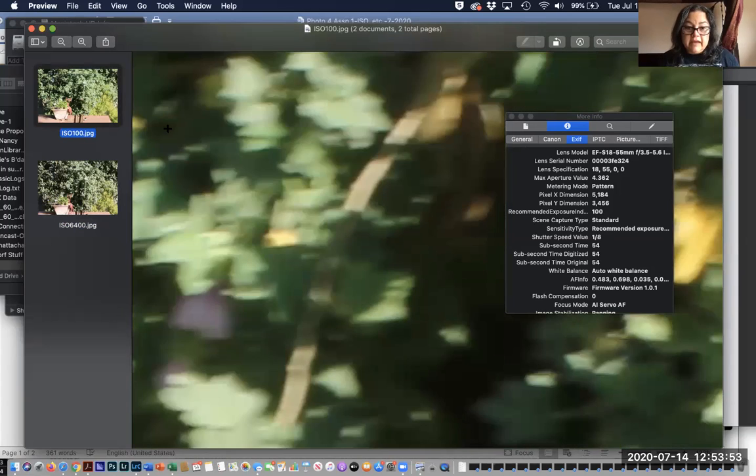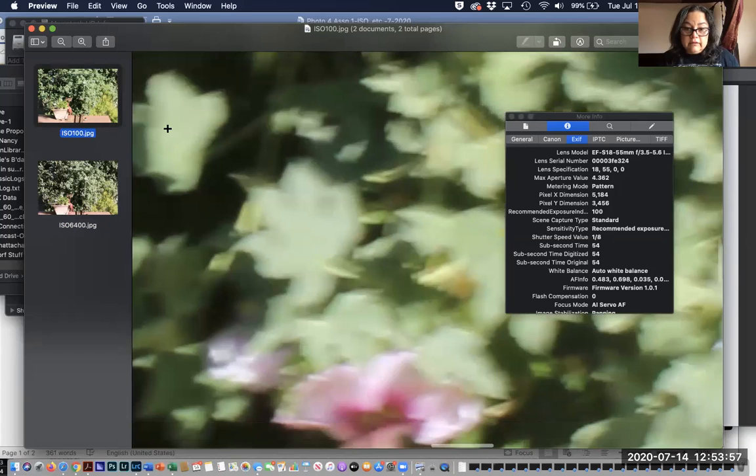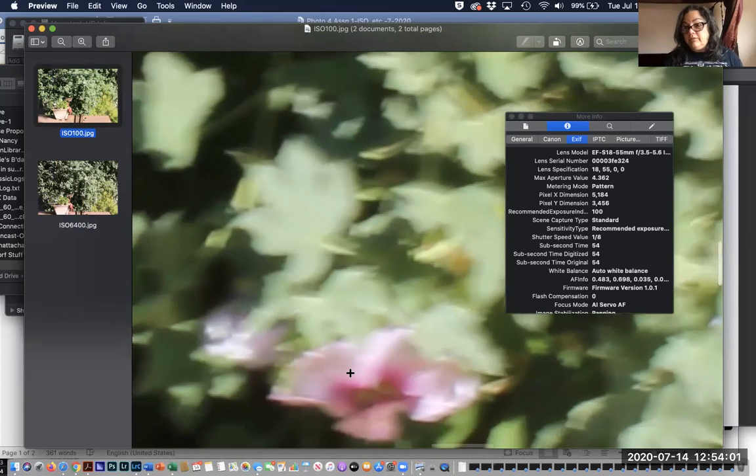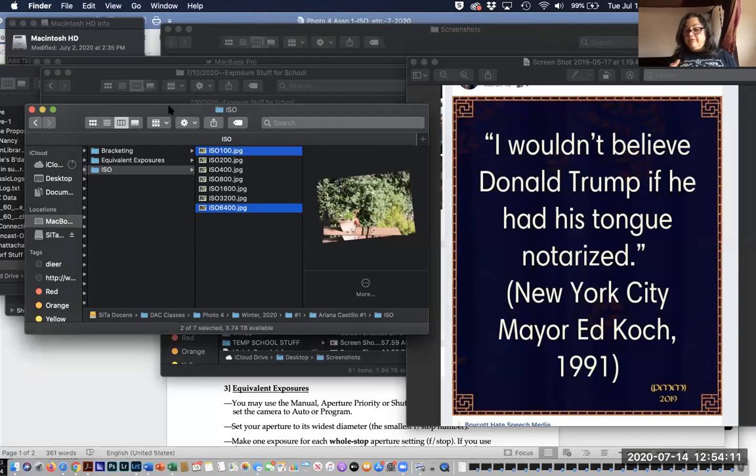You don't have any of those blobs of color and little dots of grain that you see with the higher speed ISO rating. So that's what I want you to do for ISO. I want you to choose a place and photograph the same thing for as many whole stop ISO ratings you have. Okay.